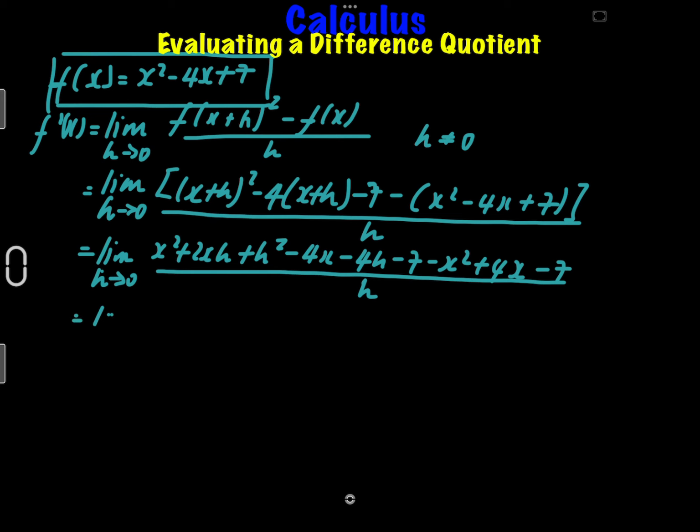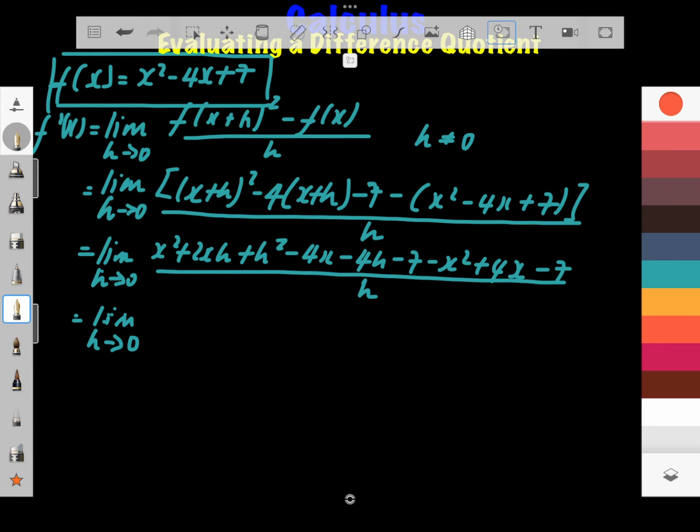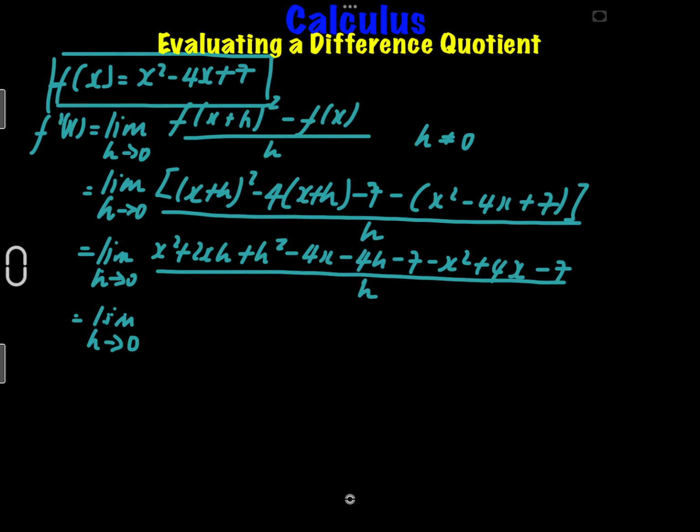It is equal to the limit as h approaches 0. Now notice some of these terms will cancel out, especially the ones which bear x. So we have x squared and x squared. In fact, x squared minus x squared gives us 0.